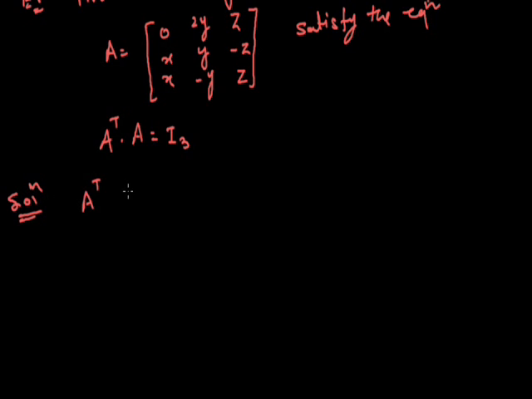First of all, find the transpose of the matrix A: [0, 2y, z; x, y, -z; x, -y, z].